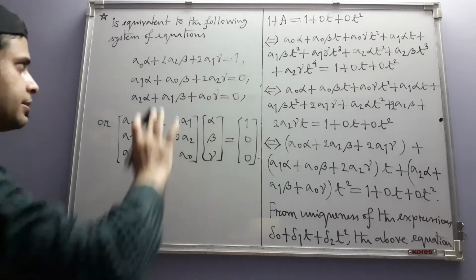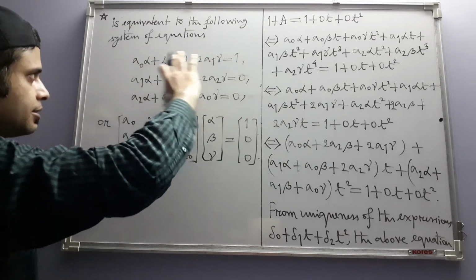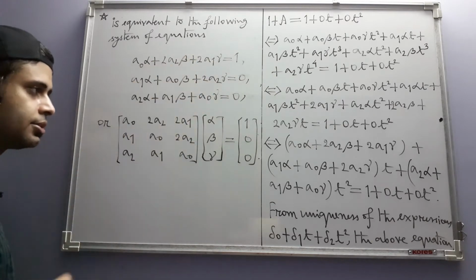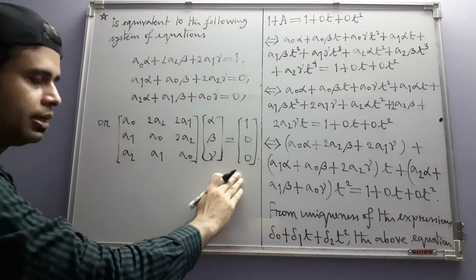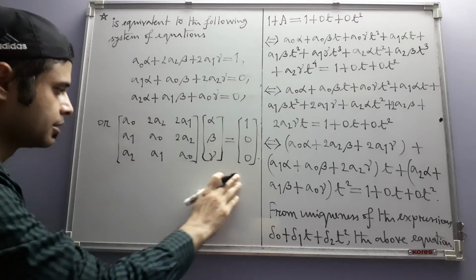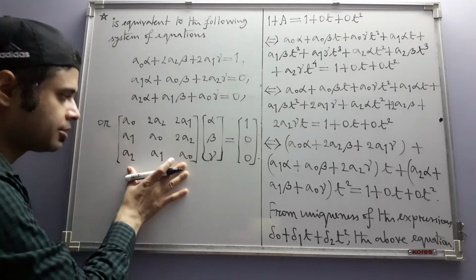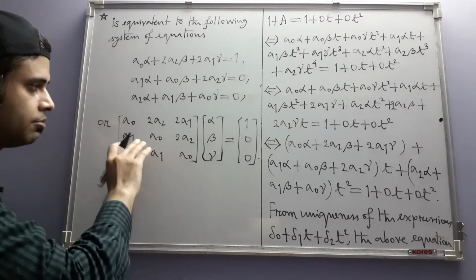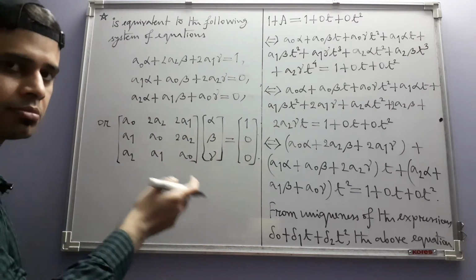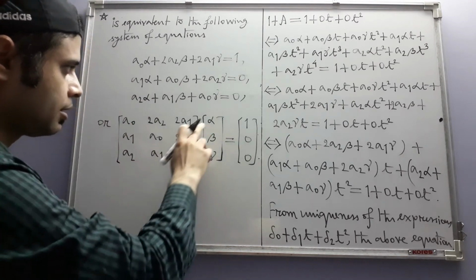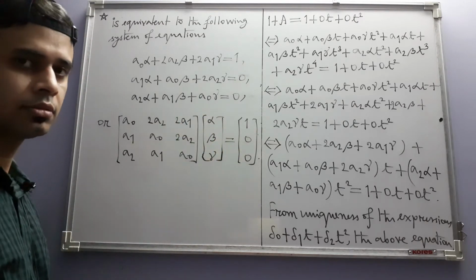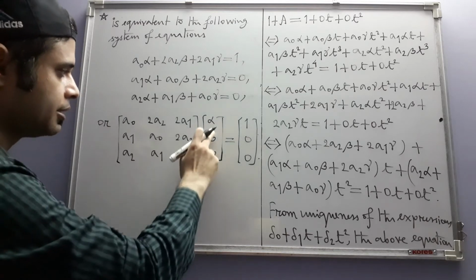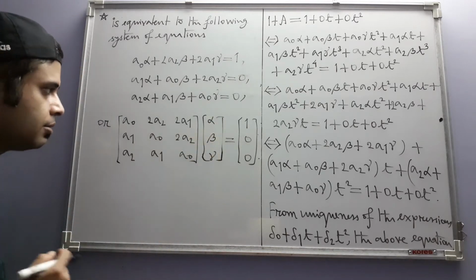So this can be considered as a system of equations in these variables. In matrix form, we have a single matrix equation like this. Now if this matrix is non-singular, then we can multiply on both sides from the left by its inverse and find a solution for these elements alpha, beta and gamma, these rational numbers.